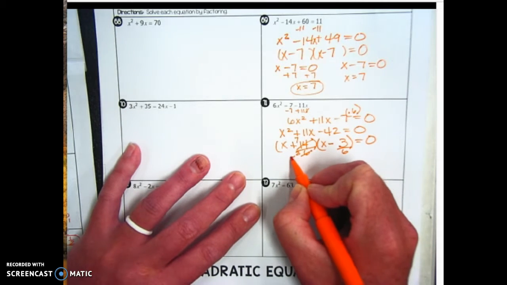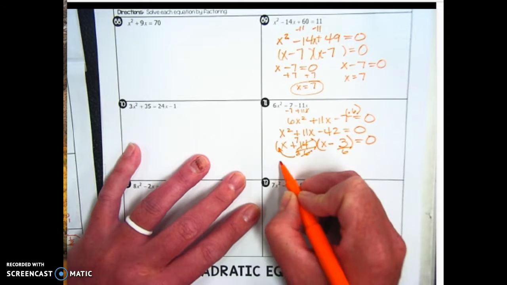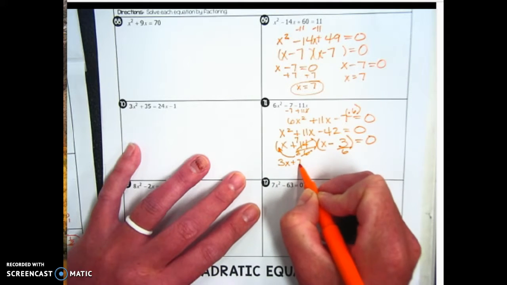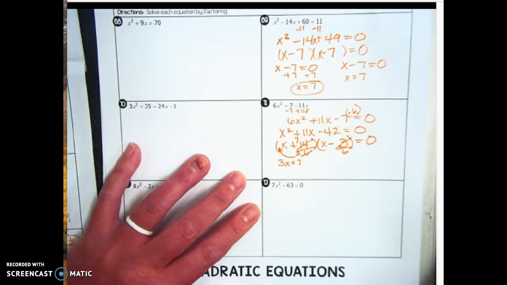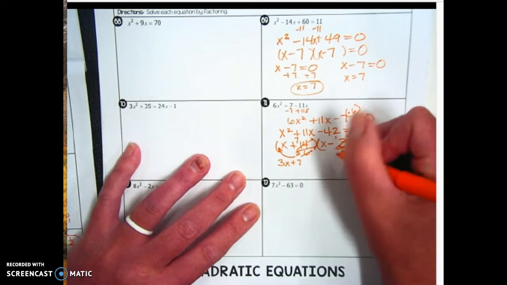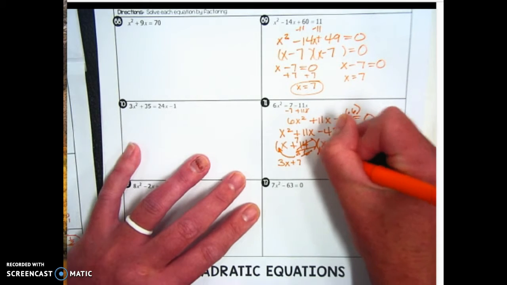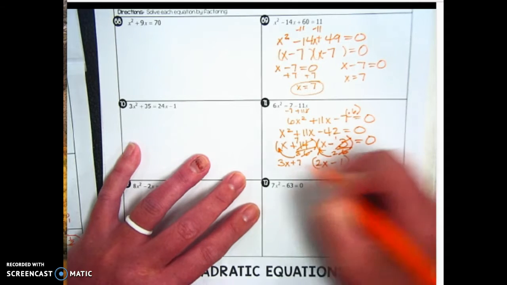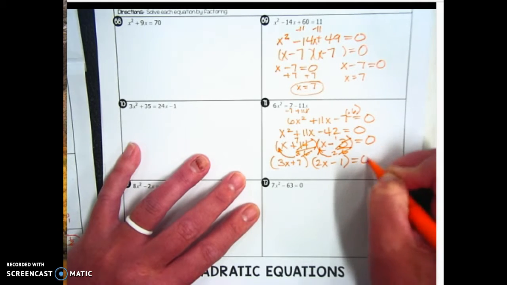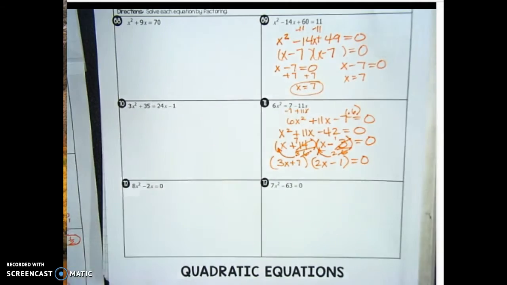And then we want to slide the 3 out front of the x, and we have 3x plus 7. This one we can reduce first as well. So 3 goes into 3 once, 3 goes into 6 twice, so we're going to slide over that 2. So we have 2x minus 1. All right, and we've got our 2 binomials.